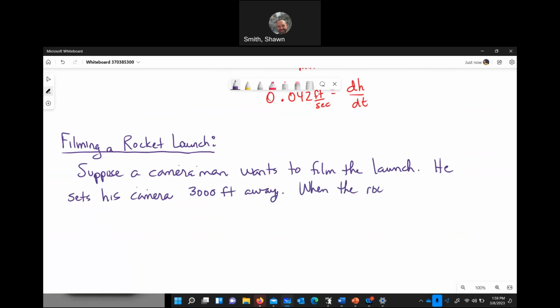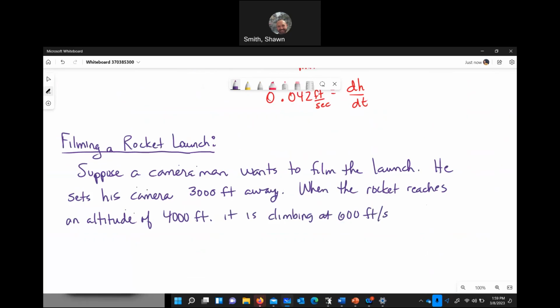When the rocket reaches an altitude of 4,000 feet, it is climbing at 600 feet per second.